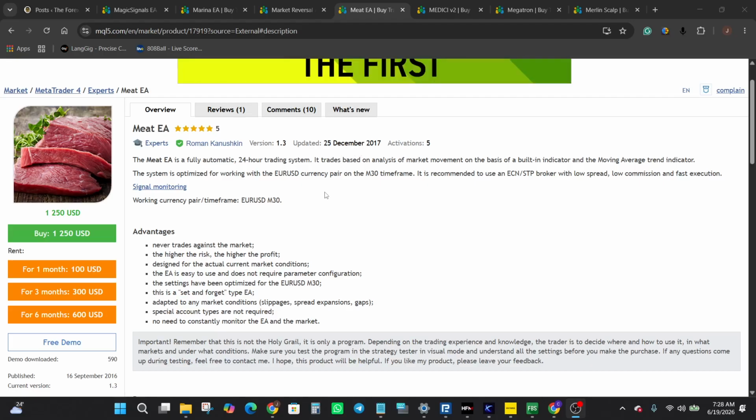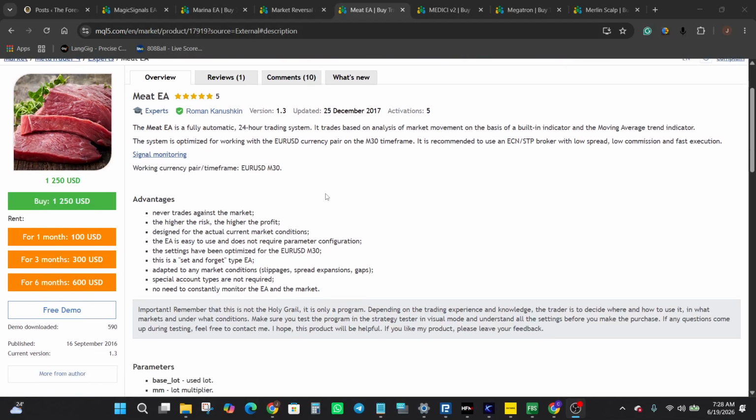And according to the product description, Meet EA is a fully automated trading system designed to operate around the clock. The developer states that the EA analyzes market movement using a built-in indicator together with a moving average trend indicator.